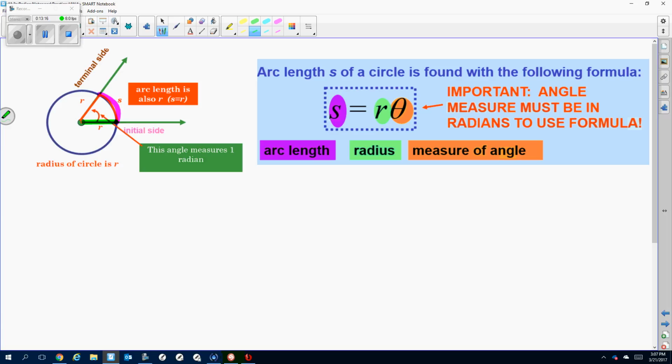Now, we're going to find what the measure of that angle is in terms of radians. So if I was doing a full revolution, like all the way around, how many degrees is that? All right, we got that.